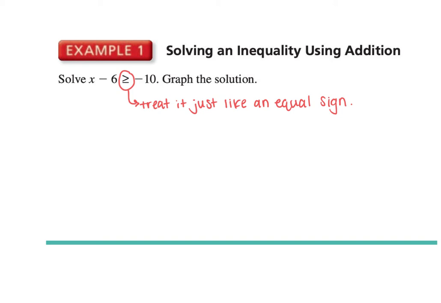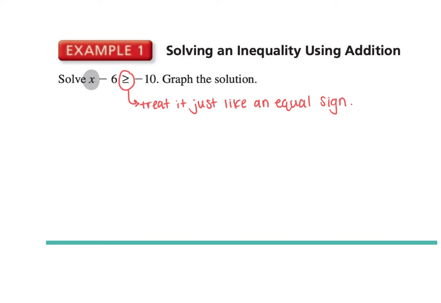We're just going to treat it like an equal sign, so we're going to move things around it. So, in our inequality, what's our variable? Our variable is x, and then we solve it the exact same way. So we're trying to get x by itself, since it started on the left side of this inequality.